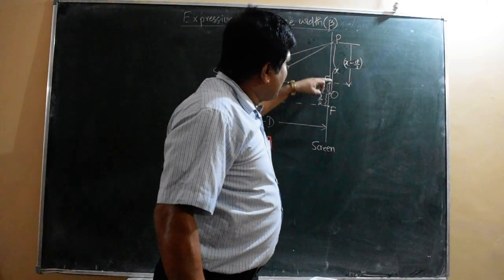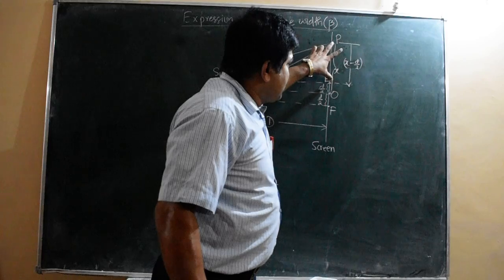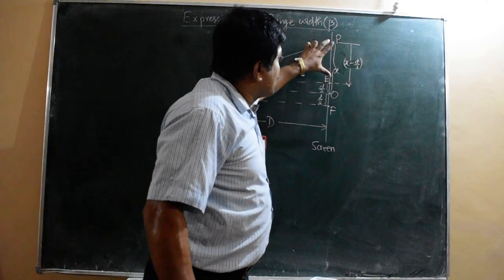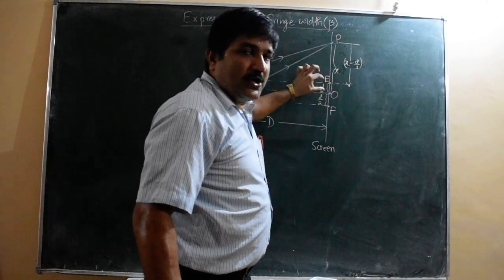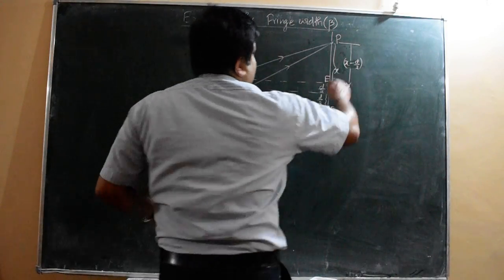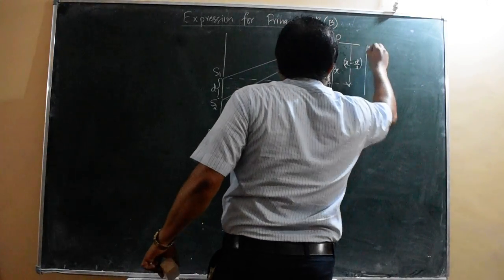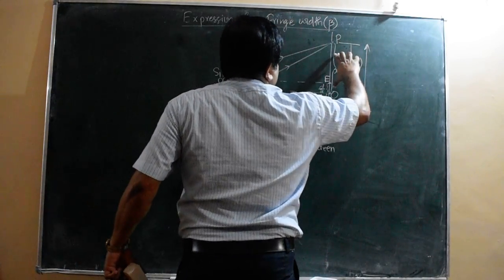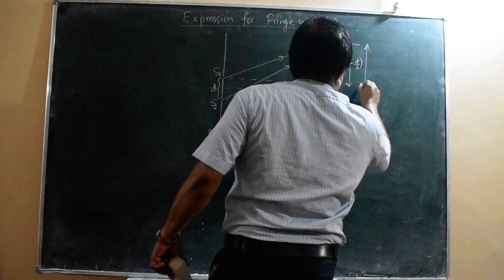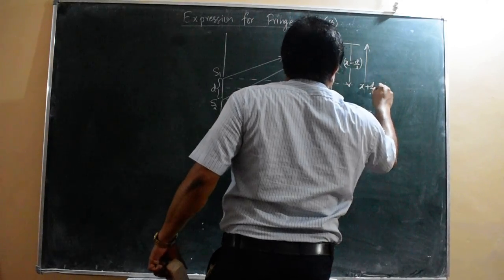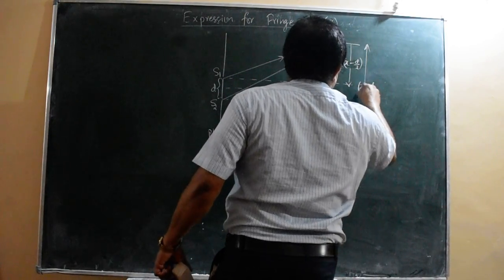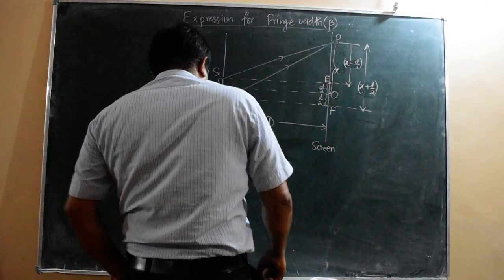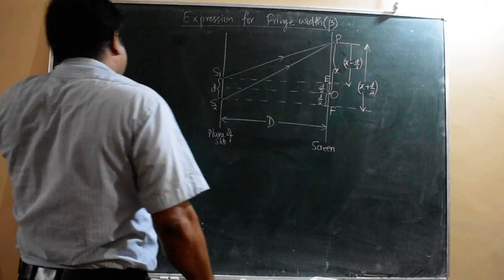The distance of P from E, EP, is x minus d by 2, because from the total x, d by 2 has to be reduced. In the same way, the other distance FP is x plus d by 2. So these are the distances, and now the diagram is completed.